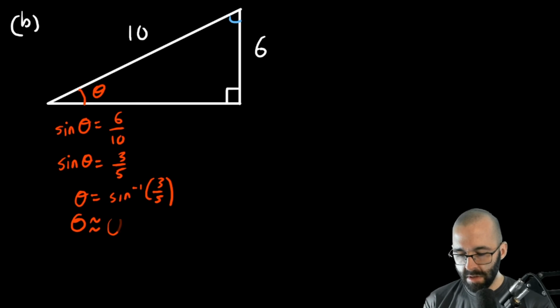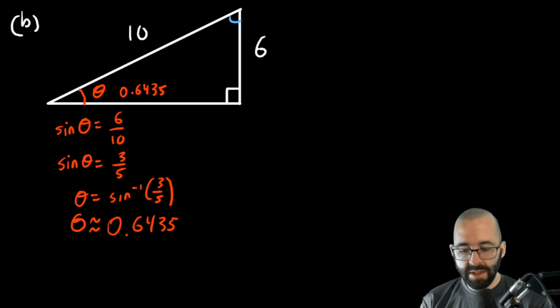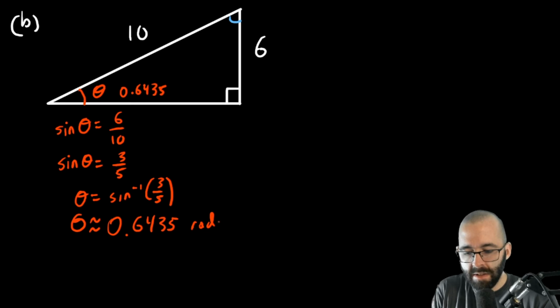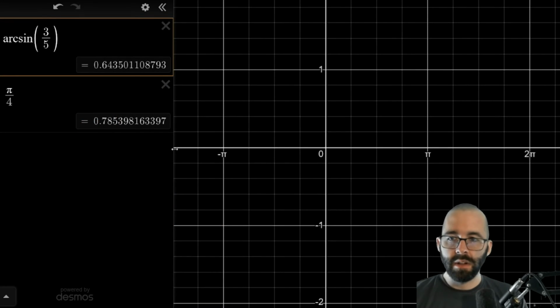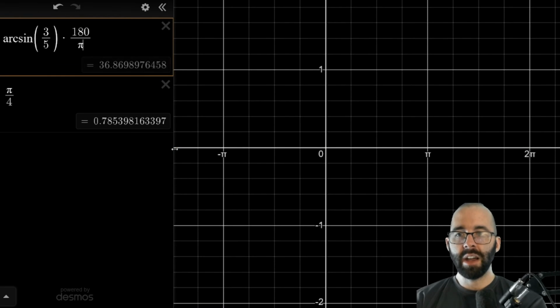0.6435. Now we could write that here. 0.6435. And again, this is an angle. It doesn't look like an angle, but it is an angle, right? This is radians. If you wanted to convert this to degrees, you could. This is radians, so multiply it by 180 divided by pi.